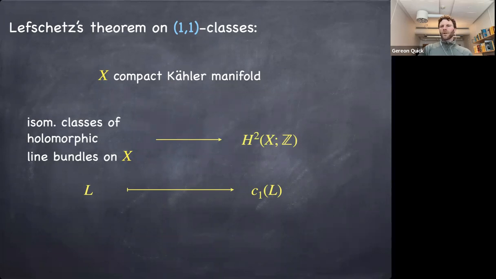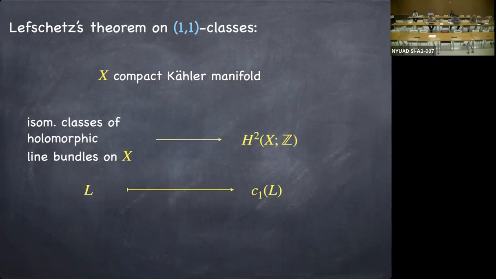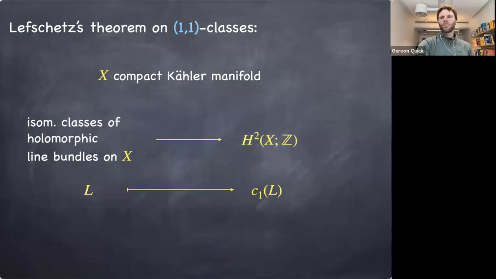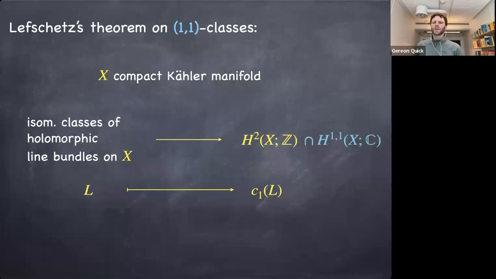Okay, and now one can remember that this Chern class actually lies in a very specific subgroup of the second cohomology. Here we use our assumption that X is compact Kähler, because the Hodge theory on the cohomology works nicely. And we all know that this Chern class actually lives in the subgroup of 1-1 classes.